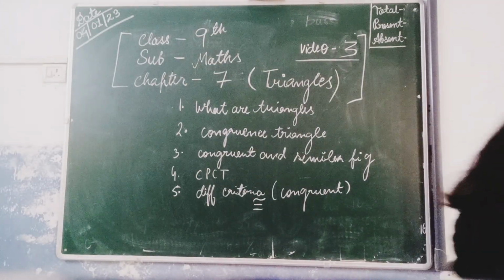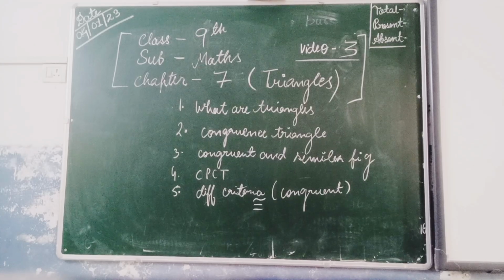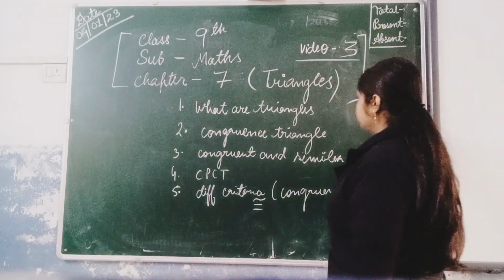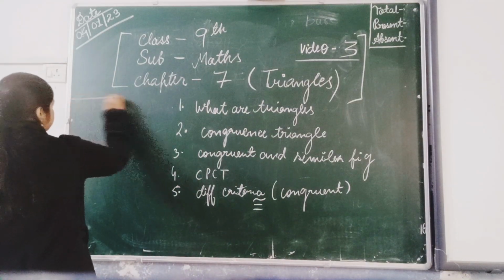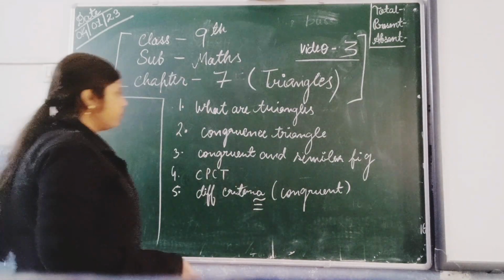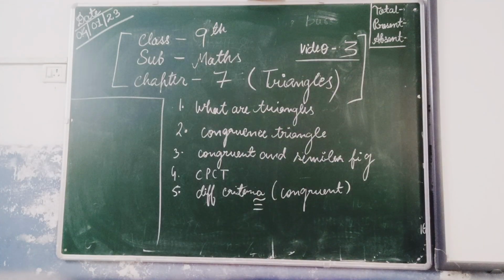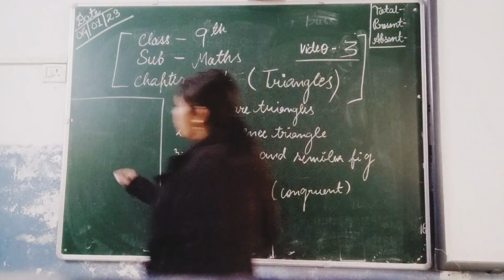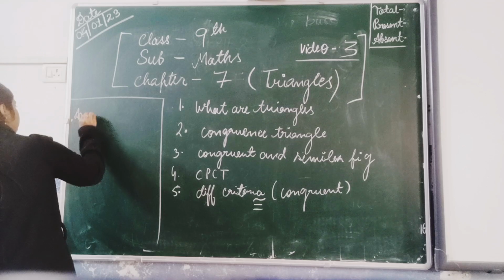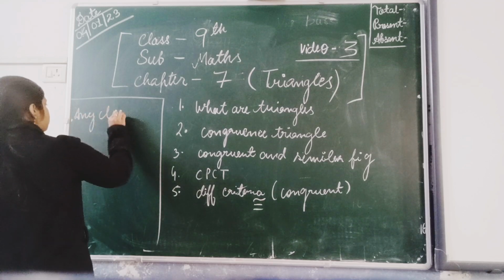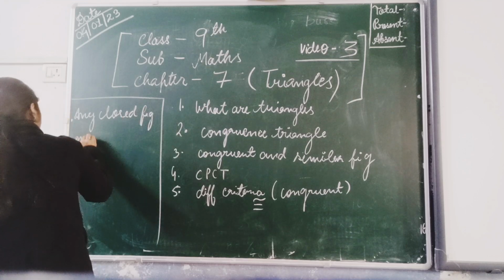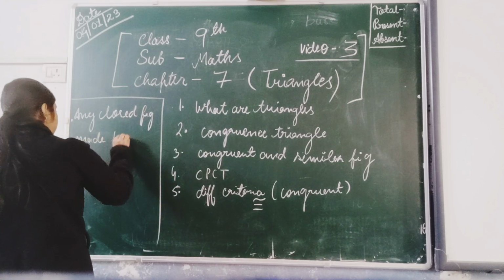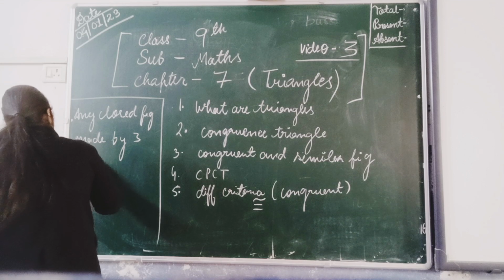Okay, we should start from here. Point number one is what are triangles. So any closed figure made by three intersecting lines.